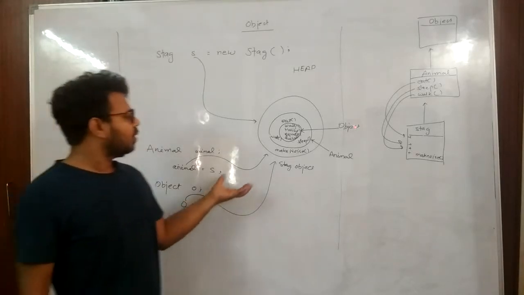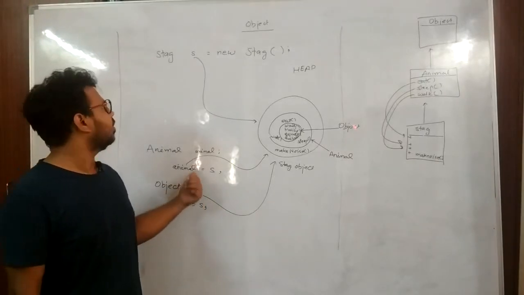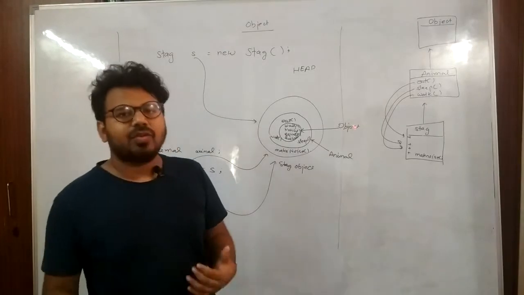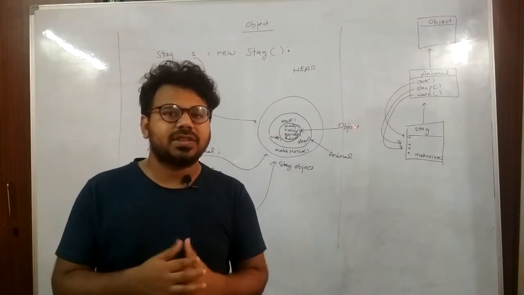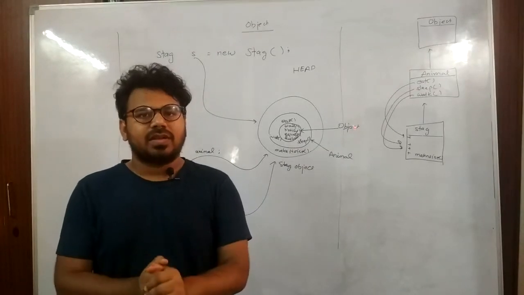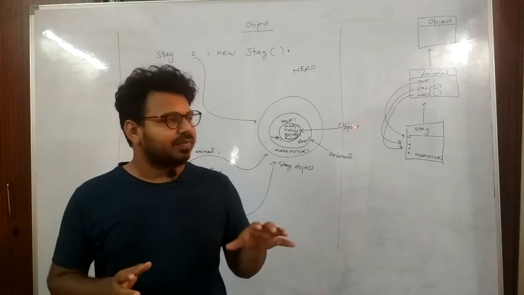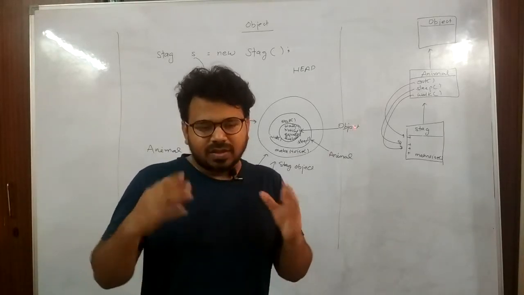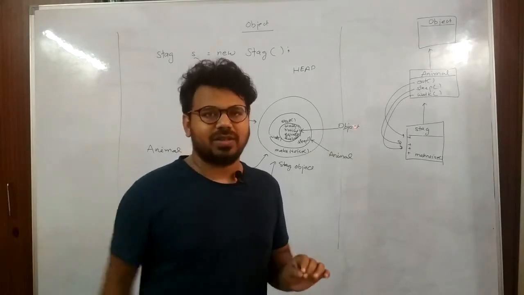But before understanding what portion of the methods are available to these references, object, animal, and S, let me take you back to the story of Stanley, the character played by Jim Carrey in the movie Mask. In the trailer you can hear the narrator say that Stanley is not the man he used to be.